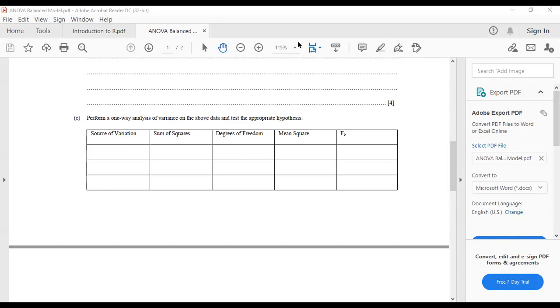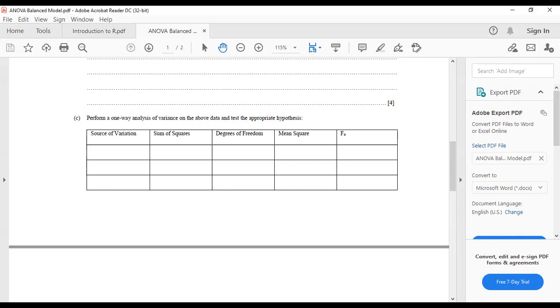For F, MS treatment over MSE, which is equal to 2.5367 over the MSE, which is 0.181425. And then we get 13.9821. Oh, excellent. Thanks. So we're done with completing that ANOVA table, right?